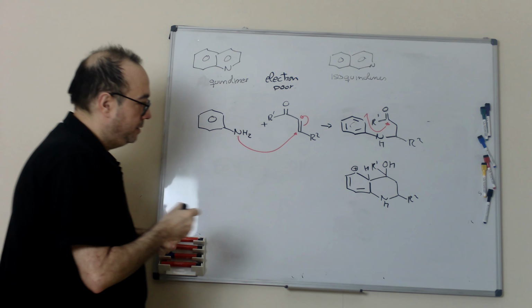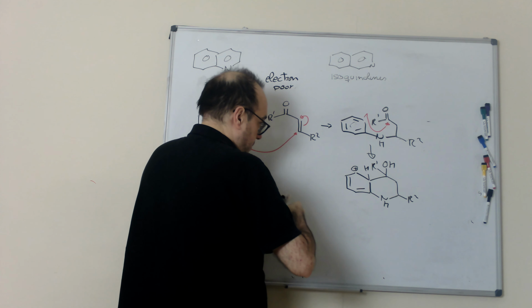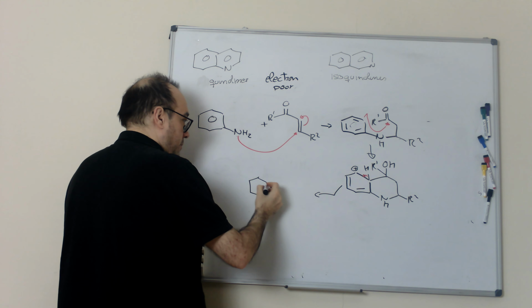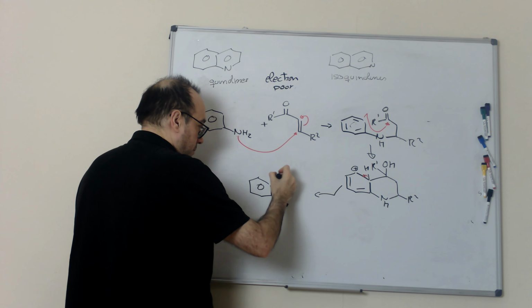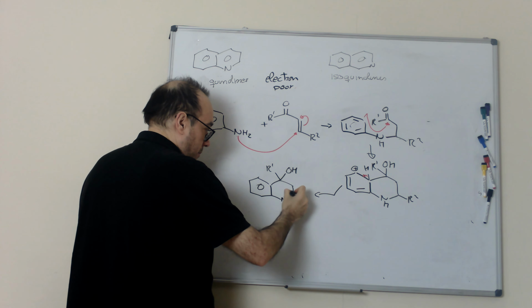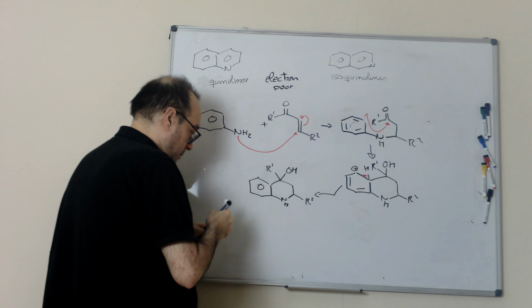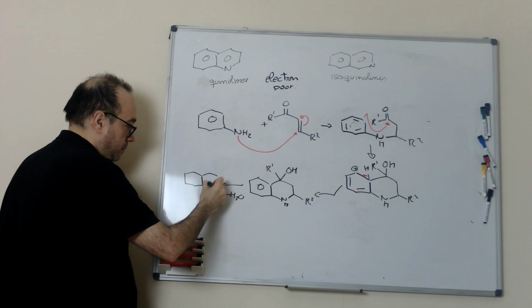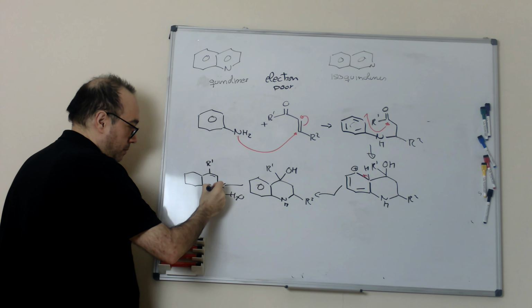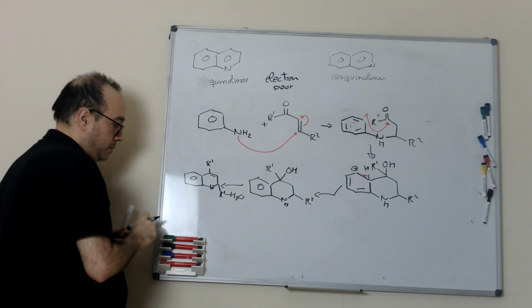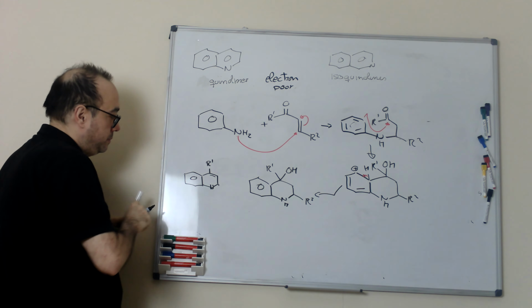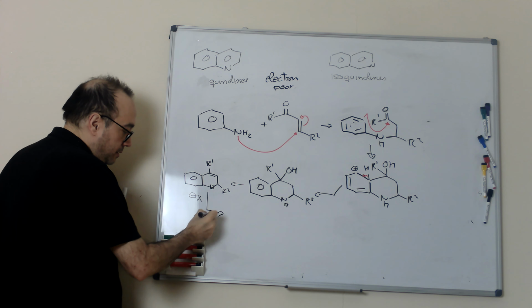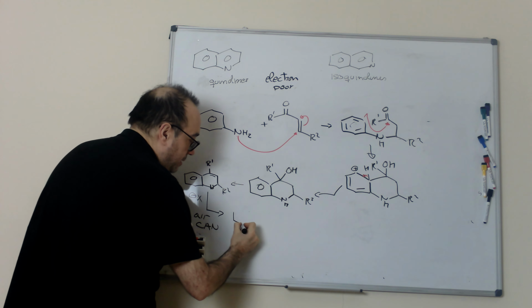That means that what we will have is this intermediate, we do the rearomatization, we get the aromatic compound, and then the dehydration to form this compound, followed by oxidation that can be done by air or by CAN, the two typical methods to finally form the quinoline.